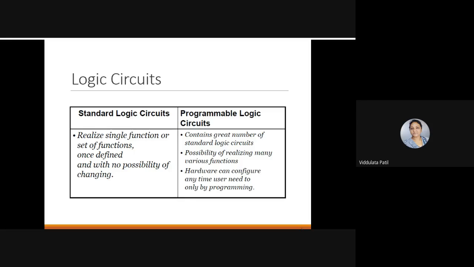So it is a standard IC that is available, and depending on the application, the programmer can change the function.